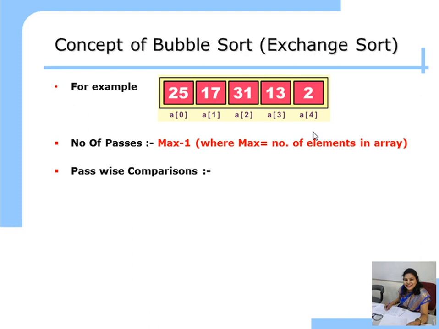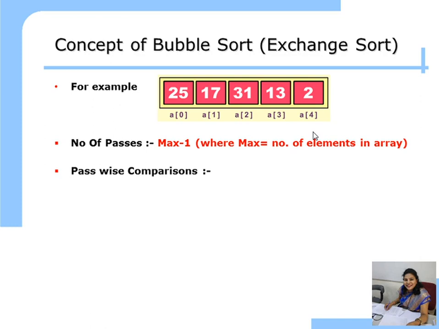So after 4 passes there is only one element, which is at A of 0, and one element is always sorted. Take an example: if you have a queue, and in the queue there is only one person, this person is already sorted because there is no other element to compare with that person.